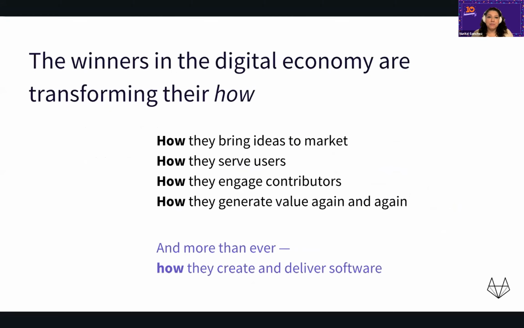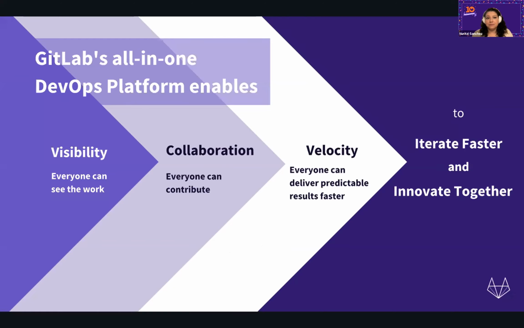And this matters because the winners in the digital economy are transforming how they bring ideas to market, how they serve users, how they engage contributors, and how they generate value again and again. And now, more than ever, they're changing how they create and deliver software. And this is where GitLab comes in.